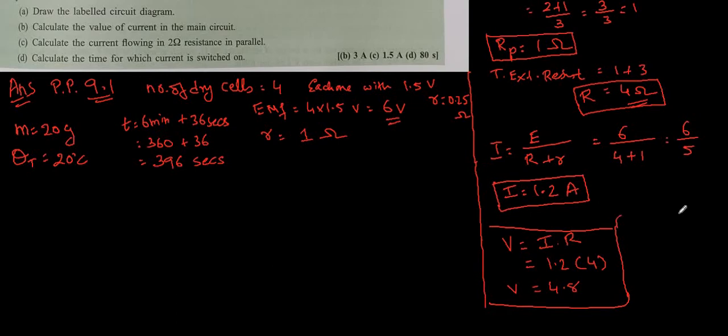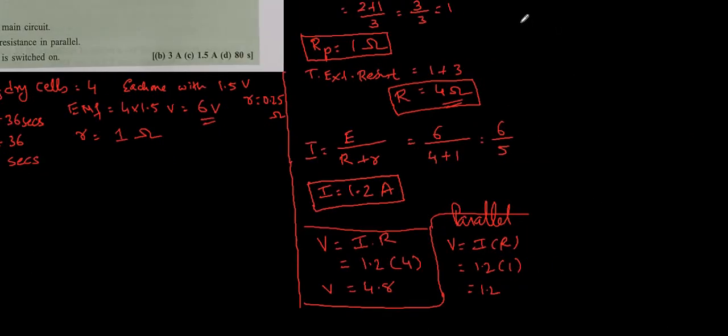But if I go for the parallel one, I require the potential difference across the parallel part. So for the parallel I will take V is equal to IR, where I is 1.2 and the parallel resistance is 1. So it is 1.2. So I got the volts here.